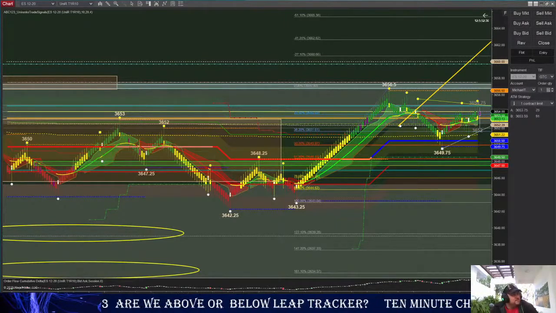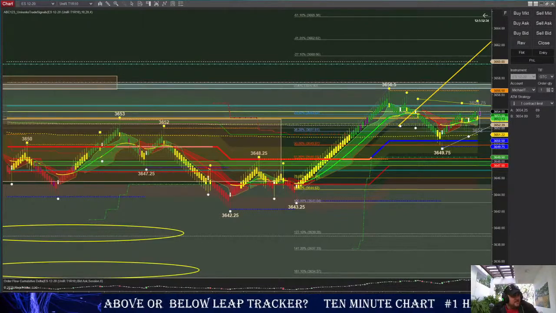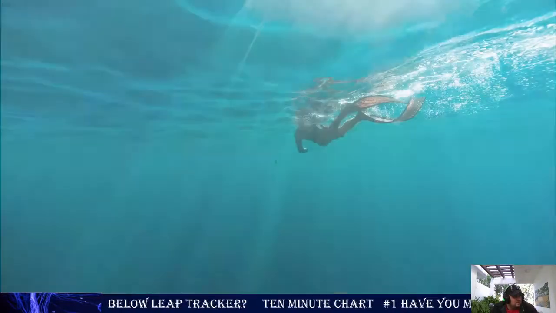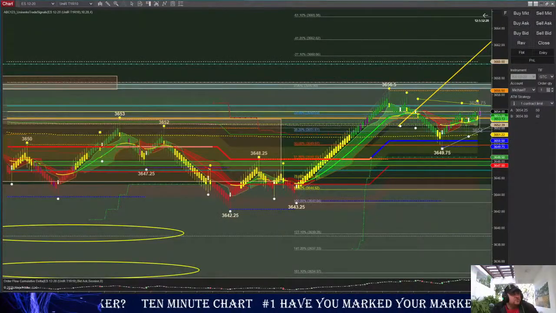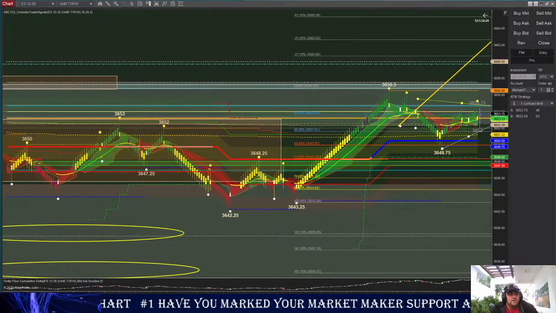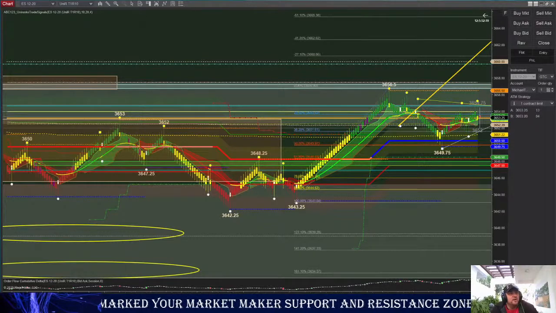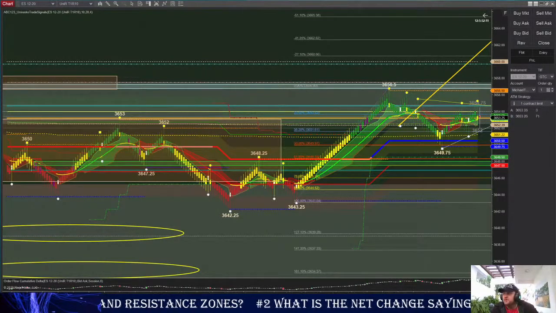You know what I'm also going to do, if I still have that chart around, let's take a look. I'm going to add a new chart here. You get really bored when it does these things. Put this one up.